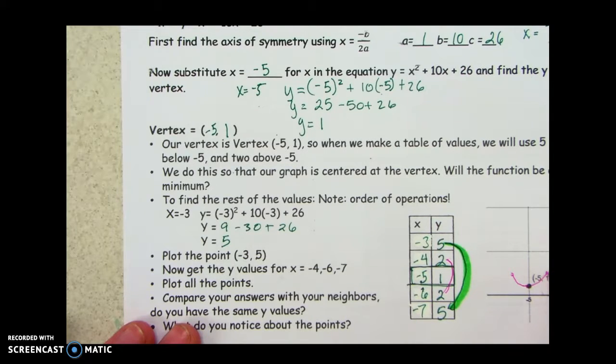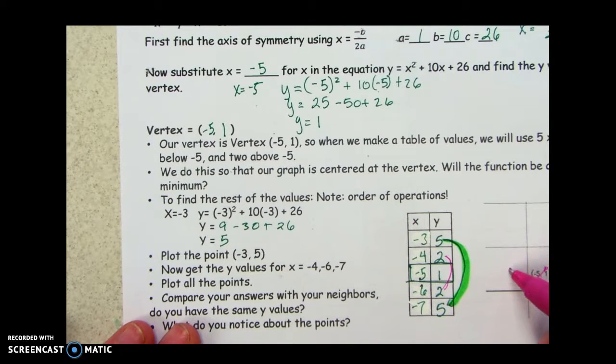So those points should be exactly the same y values. So here's our negative 6 and our negative 4, and those two points meet, and hopefully that was at about 2. And then the next thing is 5, and that will be negative 3. It goes up to 5. There's a point.